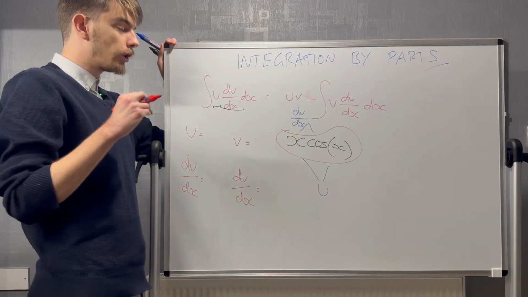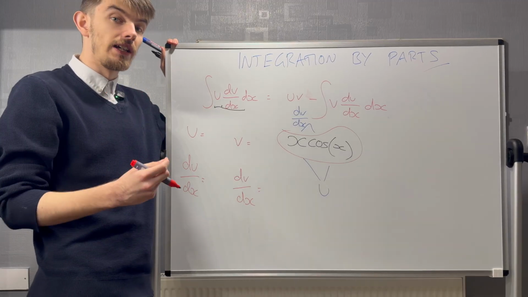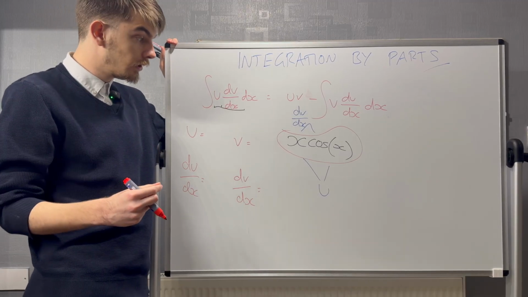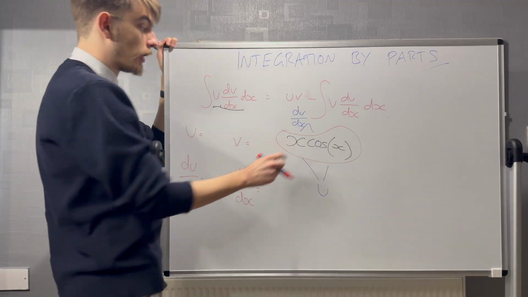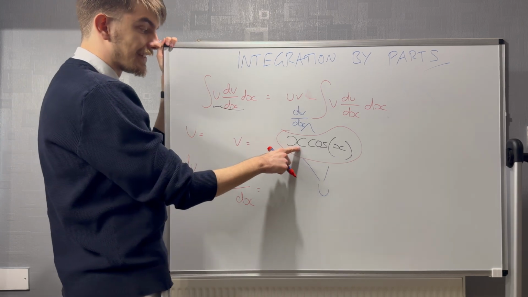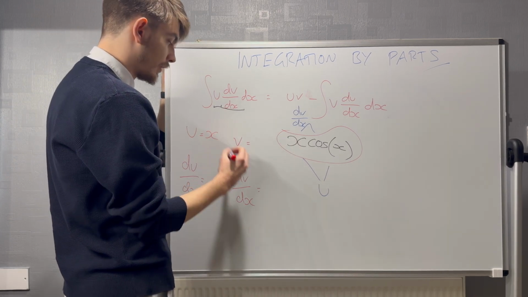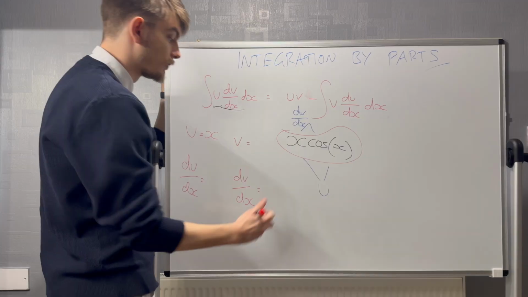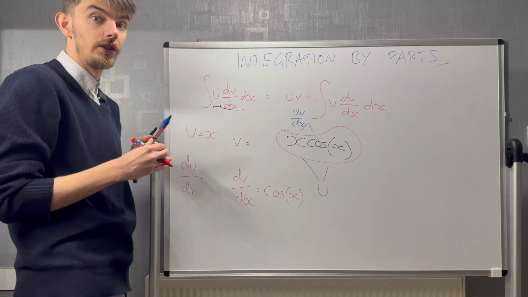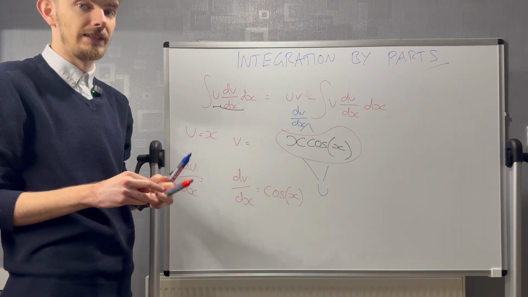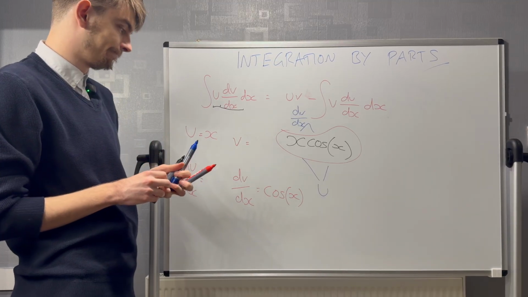One of these is the u, one of these is the dv by dx. Now, we're going to have a look at how to decide which is which in a moment, but for now, just believe me when I say we're going to take my u as the x and the dv by dx as the cos x. Again, we will get onto how to decide which is which in a second because it is very, very important.